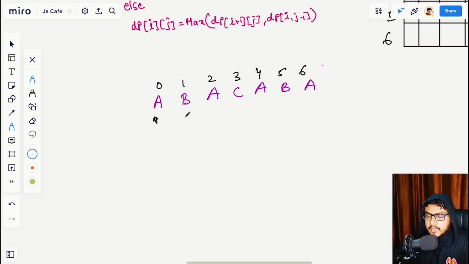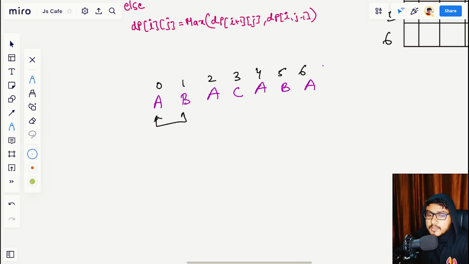And again at this particular index at B, the longest palindrome that we can achieve if we just have this particular B, again that would be 1. And same goes for this A, C, A, B, A, and so on. So one thing is clear, that if we consider only a single character at a time, then the longest possible palindrome subsequence length would be 1.